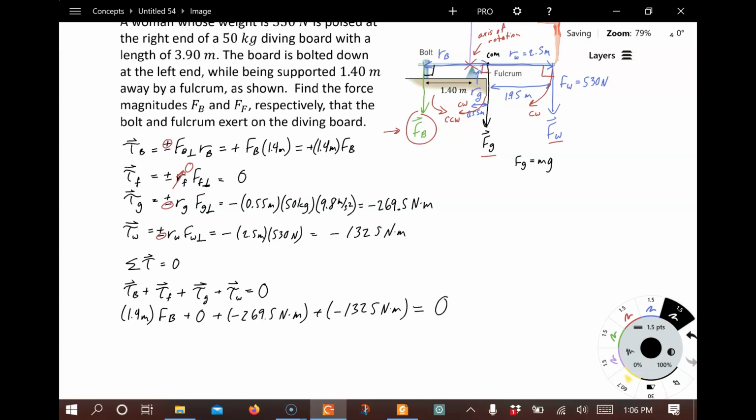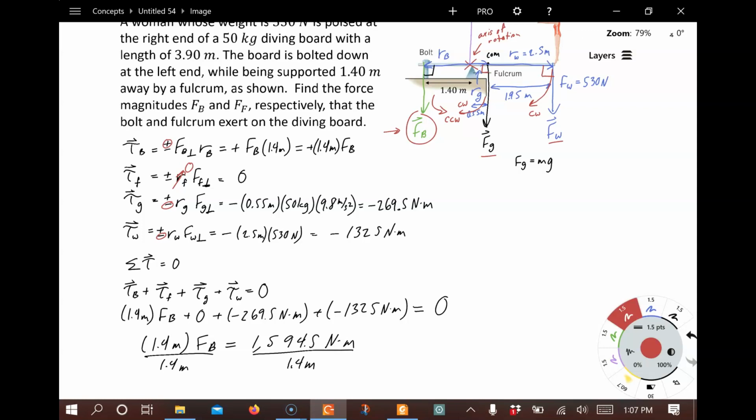Finally, we're going to solve for FB. So that gives us 1.4 meters times FB. We're going to add both those other torques to the other side, and when we do that, it comes out to a positive 1,594.5 newton meters. And finally, we divide by 1.4 meters on both sides of the equation.